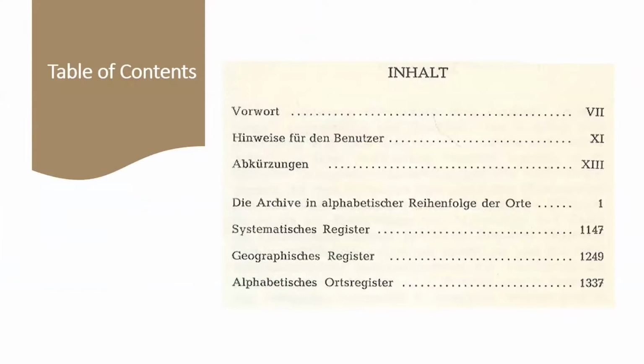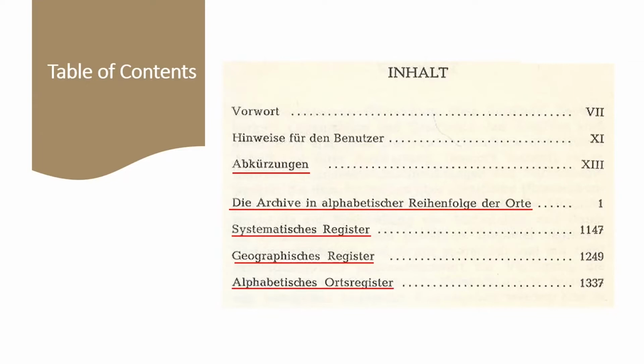First, it gives a list of Abkürzungen, or abbreviations, that are used in this resource. Next is a list of archives in alphabetical order by locality name. This is followed by a systematic register, then a geographical register. In the back of the resource is an alphabetical locality index.